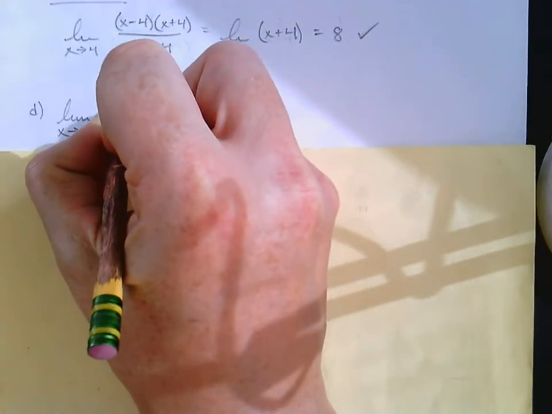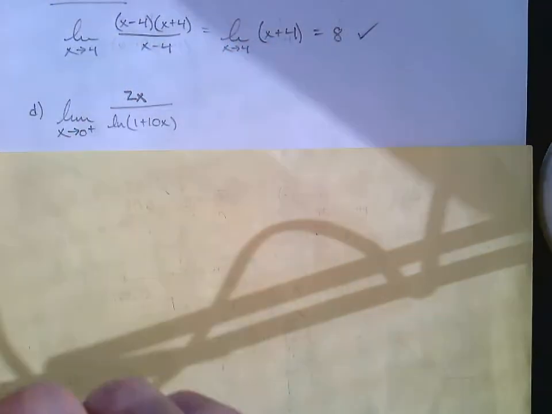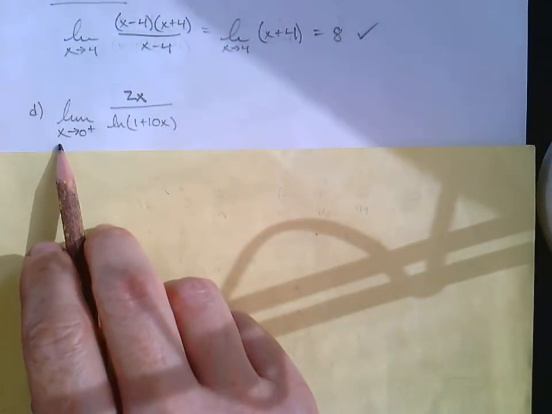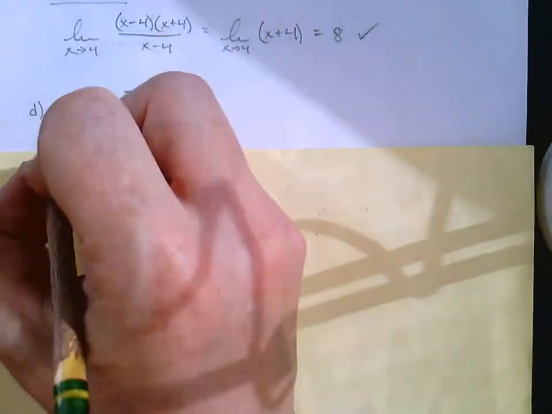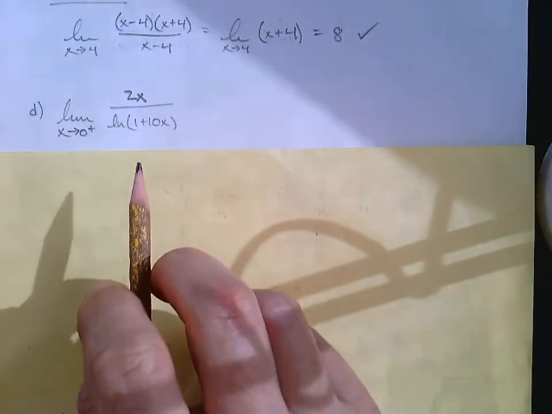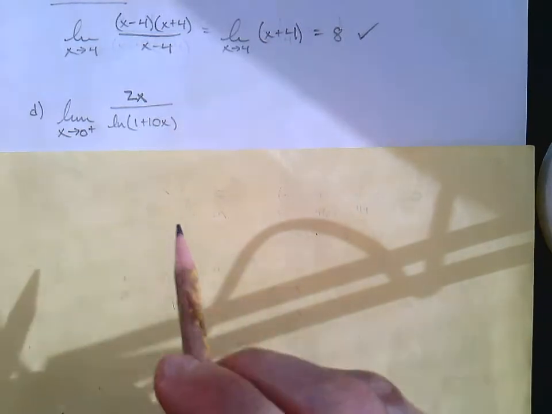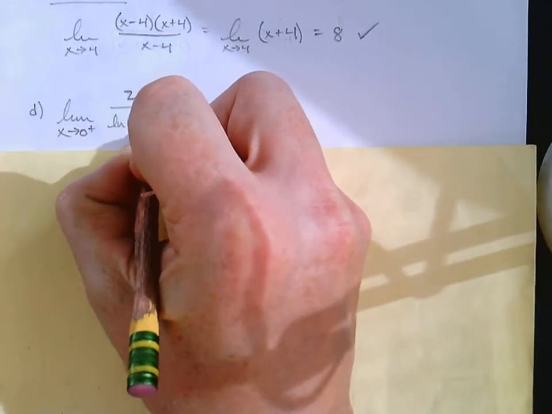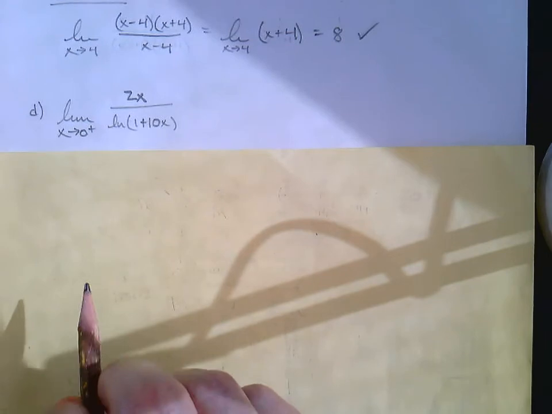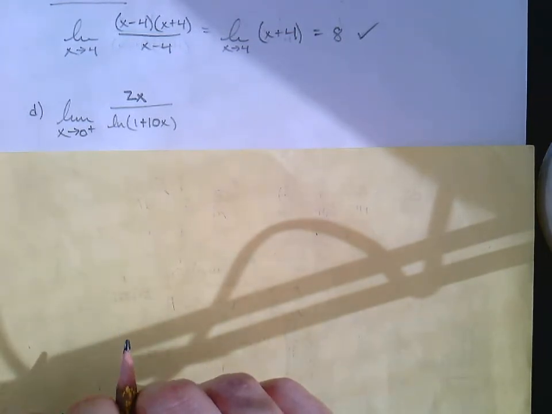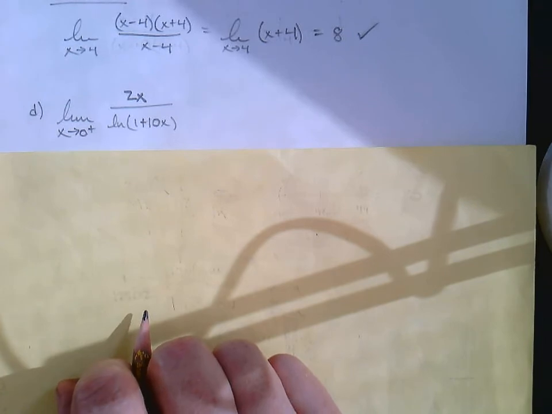D. This is one from the beginning of the lecture. I know you've been anticipating this. The limit as x approaches 0 from the right of 2x over the natural log of 1 plus 10x. First thing we need to do, don't forget, verify that this is an indeterminate form.